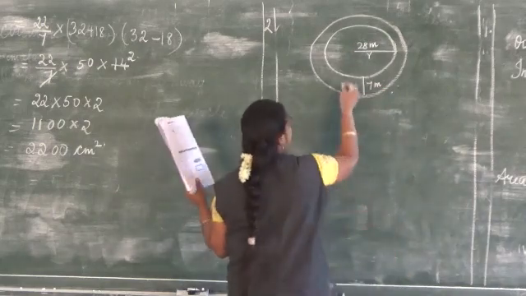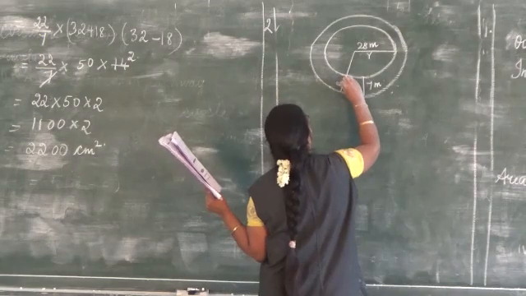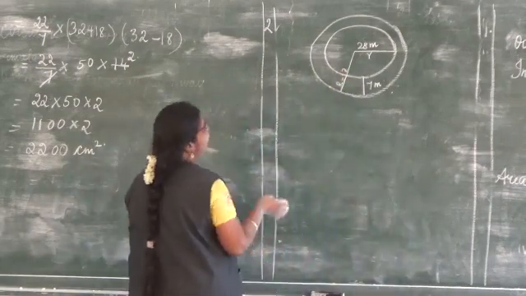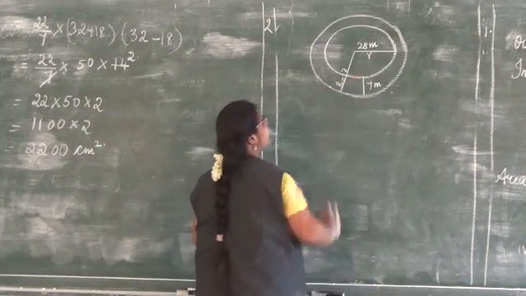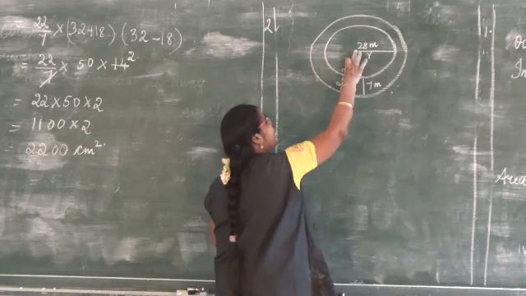So first we don't know the capital R, we have to find the capital R. So for finding the capital R, the small r is 28 meter, the width is 7 meter. So what we have to do to get this capital R radius?